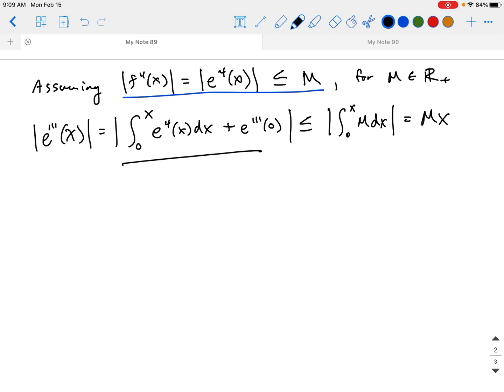So the third derivative is bounded above by the integral of m with respect to x.